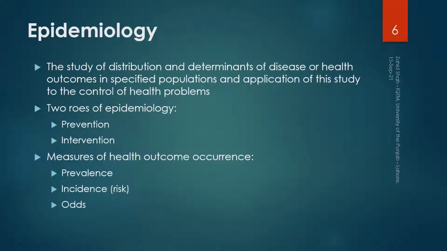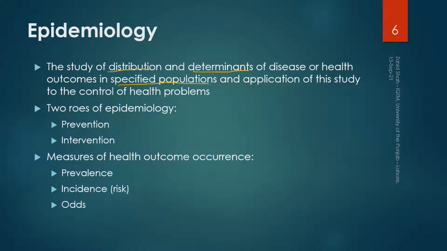What is epidemiology? Epidemiology is the study of distribution and determinants of the disease or health outcomes in specified population, and then application of this study to the control of the health problems. So this field is called epidemiology. Generally speaking, there are two roles of epidemiology.